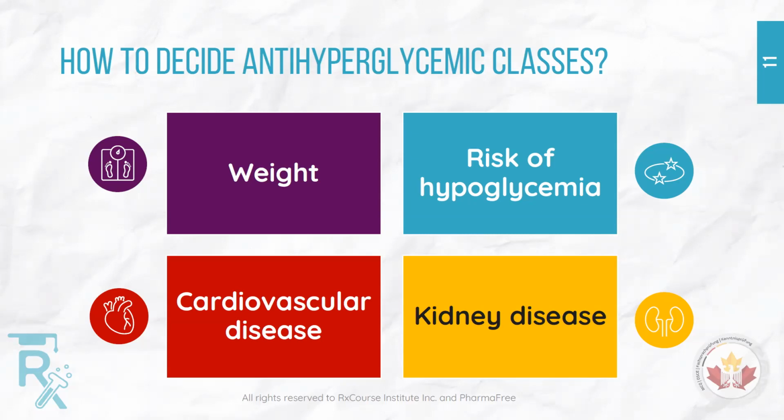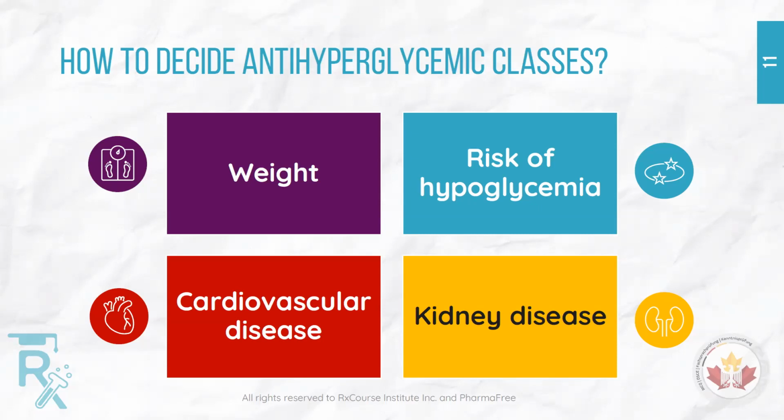If the patient has a cardiovascular disease, I will add something with cardiovascular benefit, something like liraglutide, which is a Saxenda injection. We will talk about that. Something like empagliflozin. Both of these medications, liraglutide and empagliflozin, show a good cardiovascular benefit.